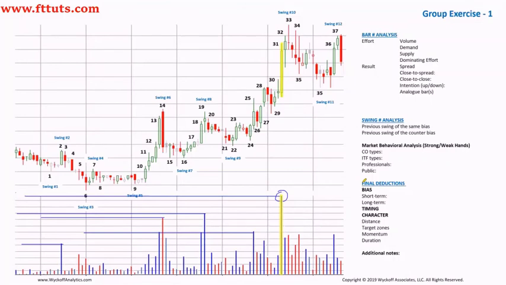Big spread, new high, uptrend, conventional thrust, volume increase in the direction of the bias confirms that bias, and yet look what happens next.